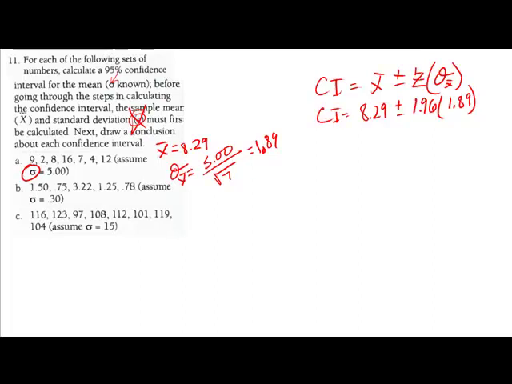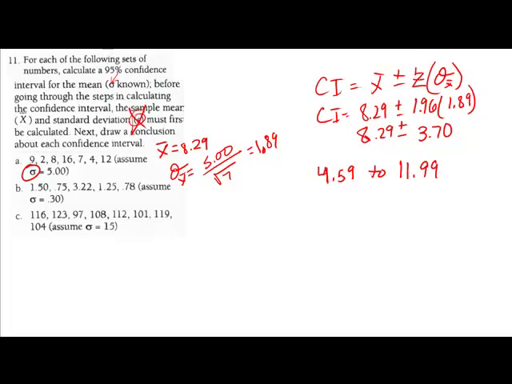So let's figure out the multiplication first. 1.96 times 1.89, which is almost 2 times 2, is 3.704, that's 3.70. So again, for the calculation of a confidence interval, you have to do it twice. 8.29 minus 3.7 is our lower bound, and that is 4.59, to 8.29 plus 3.7, our upper bound, which is 11.99.